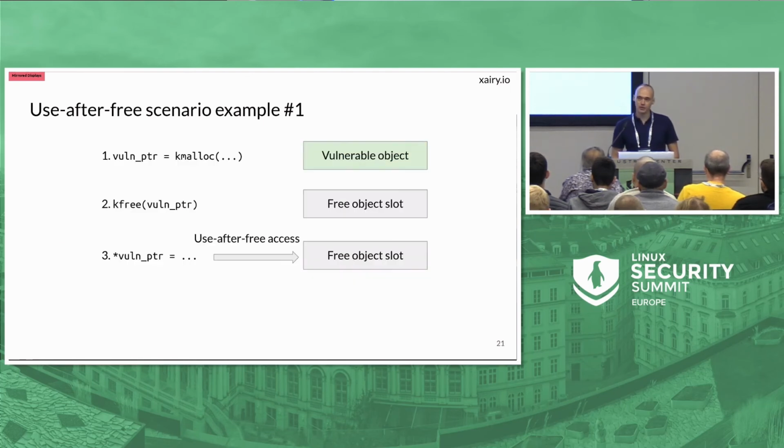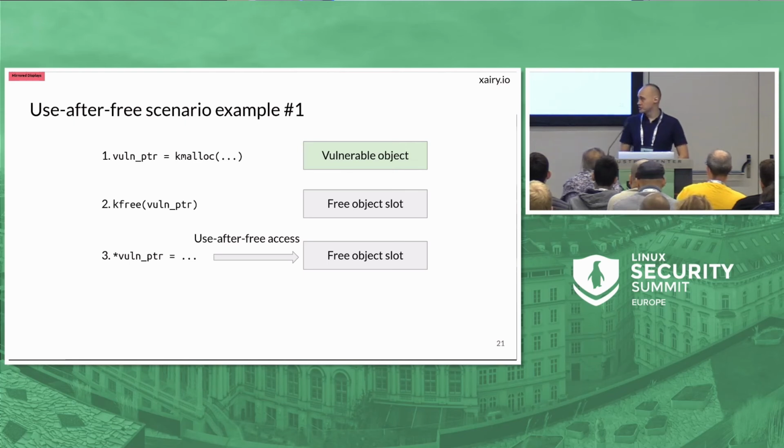For use-after-free, similar things can happen. First of all, we can have a scenario where a specific object is allocated via kmalloc, then it's freed via kfree, and then it's accessed via a use-after-free reference. Since we have a use-after-free bug in the kernel, after the pointer was freed, the kernel still holds a reference to this pointer, so it can still access it, and this is the use-after-free bug by itself.